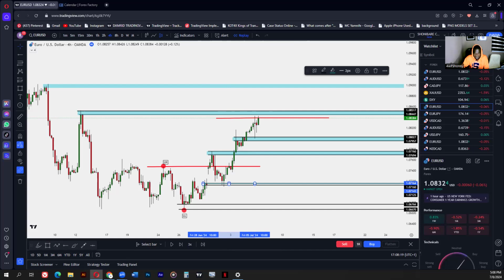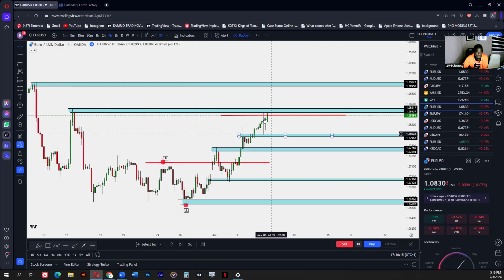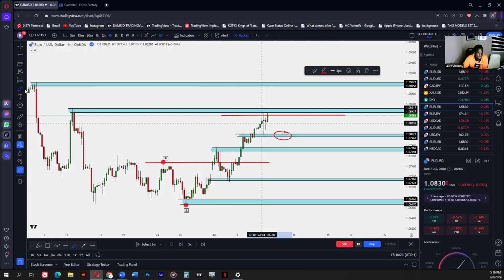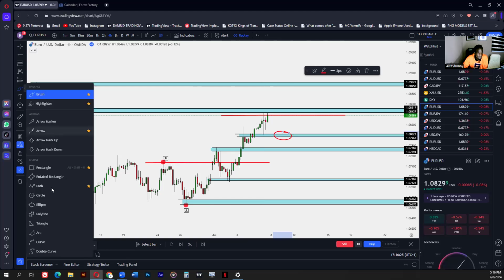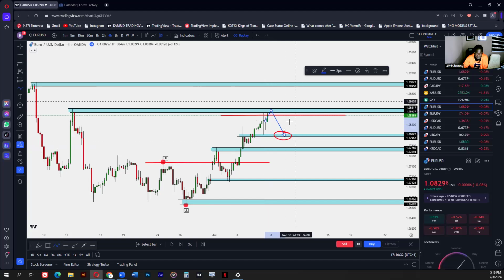So guys, once I've been able to get out my supply and demand zones, I'm looking to sell below this price. This is the actual demand zone that I'm looking to buy from this week. If I could get price to push into this demand zone, then I'll be looking for price to push away from it, maybe push into this supply, then push into this demand, then I'll be looking for price to go higher.